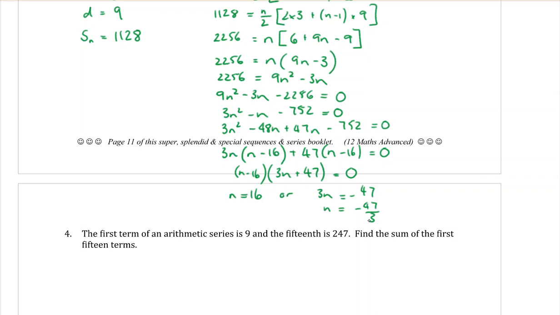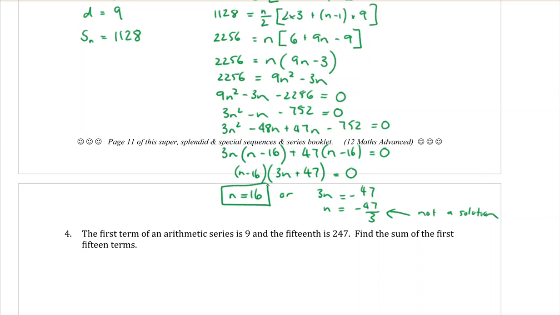And if n represents the number of terms in your series, can you have a negative number of terms? No. So that solution we disregard, because we can't have a negative number of terms. It's the n equals 16 that is our solution to that question.